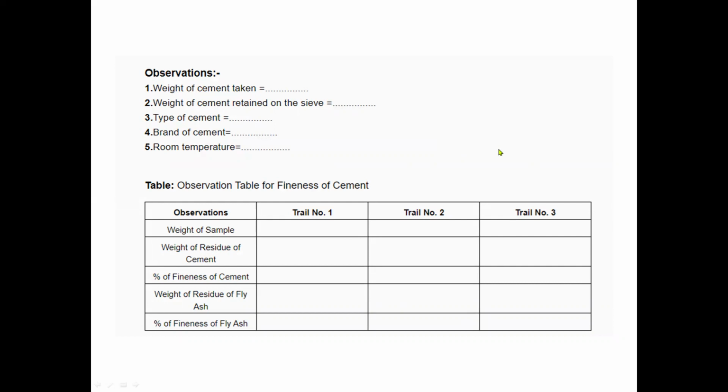In this column, we have the weight of the sample, weight of residue of cement, the percent of fineness of cement, the weight of residue of lye husk, and percent of fineness of lye husk. So we have to fill in this given table as shown in this slide, the observation table for fineness of cement.